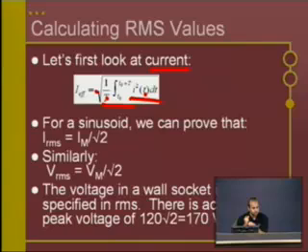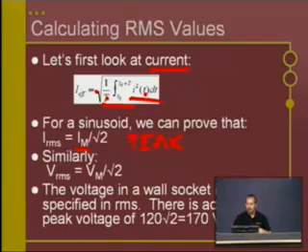For a sinusoid, you can go through all of the calculations: cosine squared, integrate over time, take the square root. What you get is that things don't change with the phase angle, but the magnitude is slightly different, such that if you take the peak value, which we're going to start calling I sub m, and divide it by the square root of 2, that will give you the RMS value.